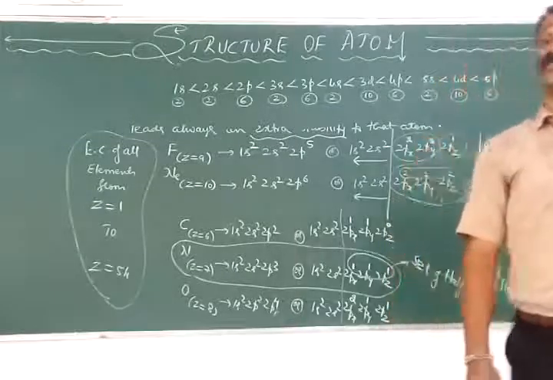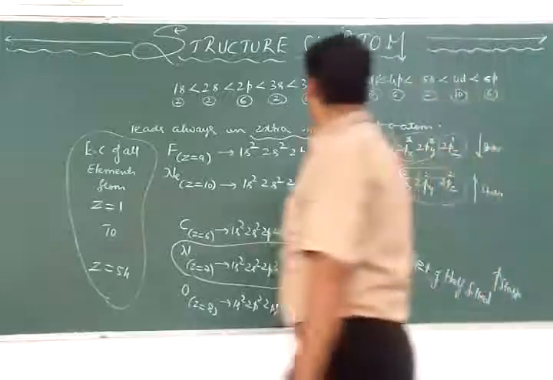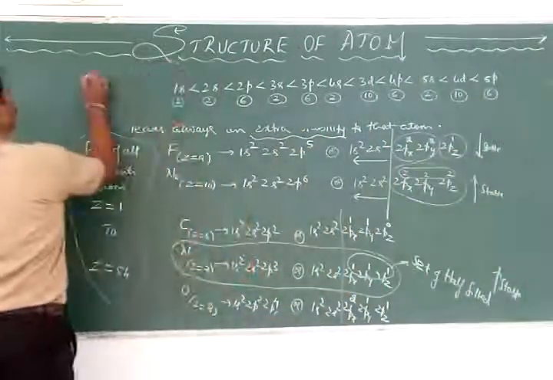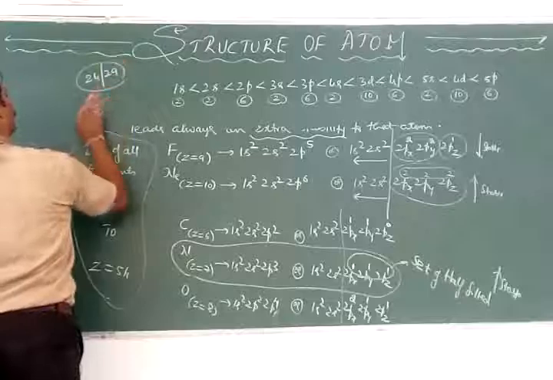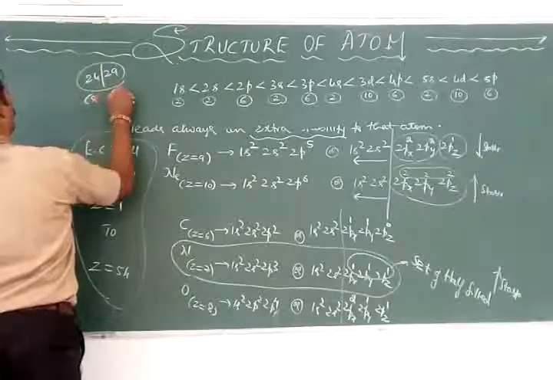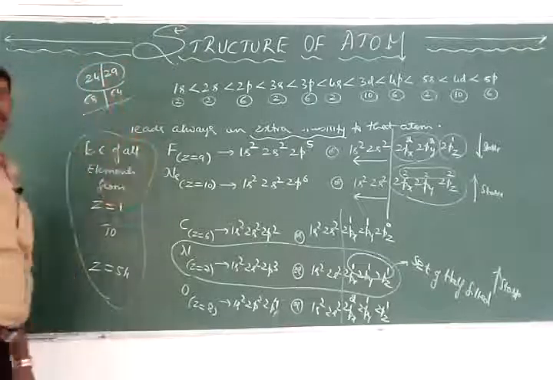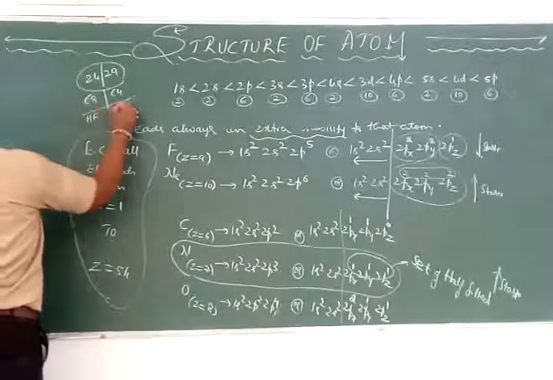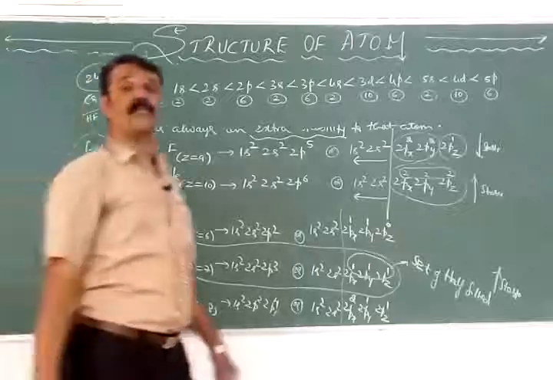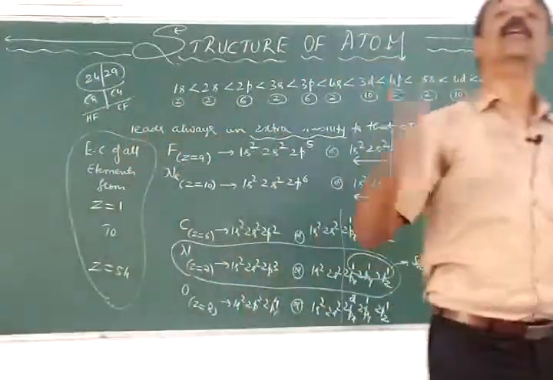The exceptions are atomic numbers 24 and 29, chromium and copper. Here there is a half-filled configuration and a completely filled configuration, so there is a shifting of an electron from 4s to 3d.